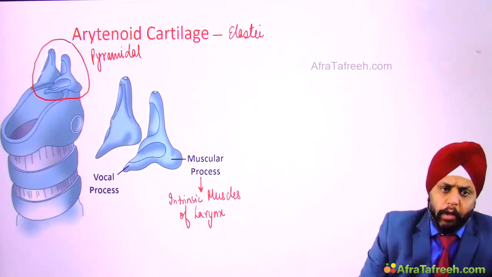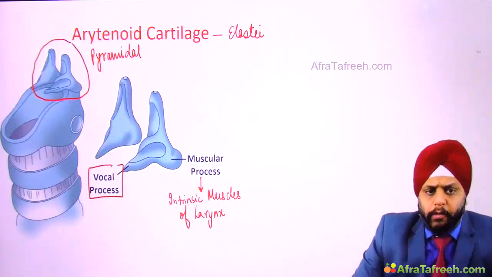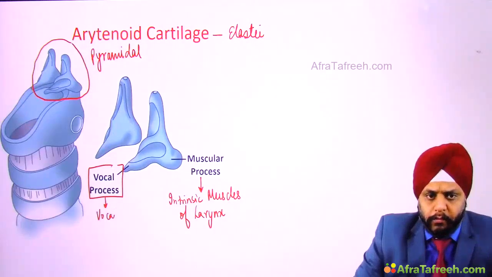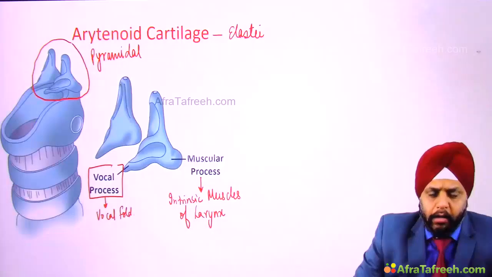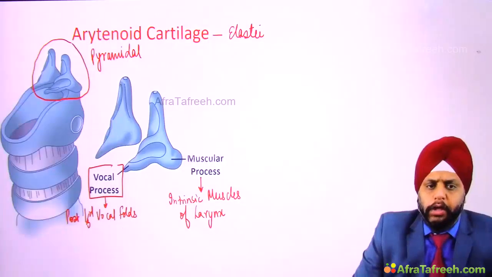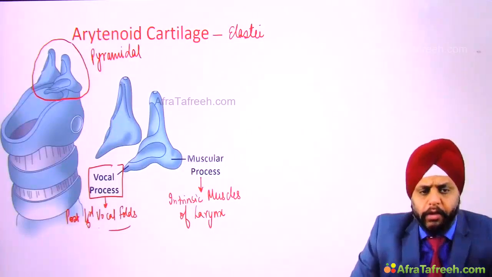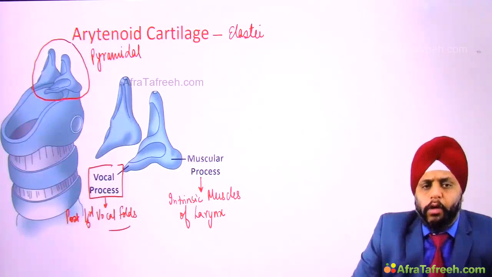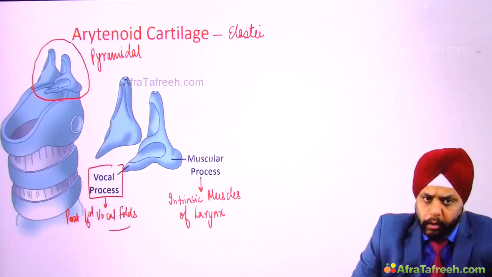Okay, now the vocal process, you see, this vocal process goes inside the vocal folds. In fact, this forms the posterior one third of the vocal folds. Okay, so the posterior one third of the vocal folds, you can see, is formed by the vocal process of the arytenoid.